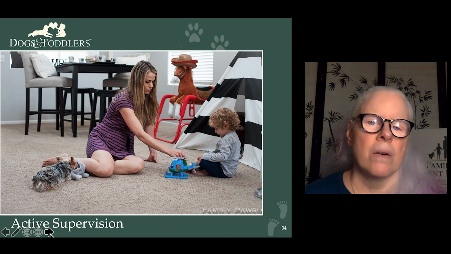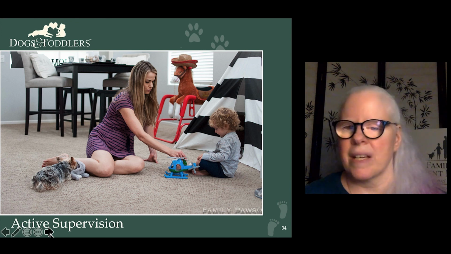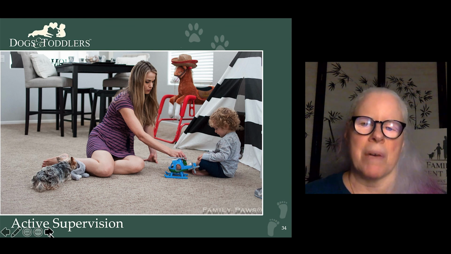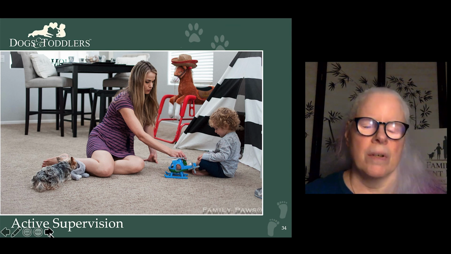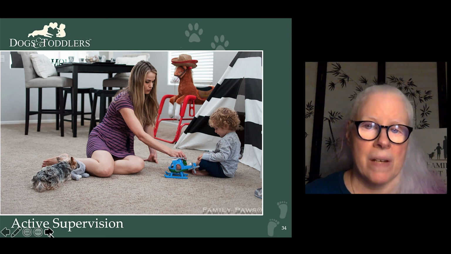And so our goal with Family Paws is to increase your dog-aware skills and embrace you where you are with those skills. I know many people think a wagging tail means happy dog, but a wagging tail means a lot of different things when we combine all the body language. So I encourage you to increase and strengthen and build your dog-aware skills so that you can be a fully active and aware supervisor and help your family dog.